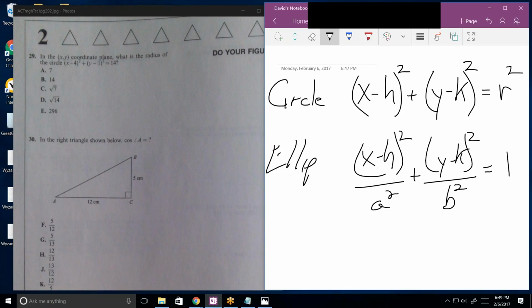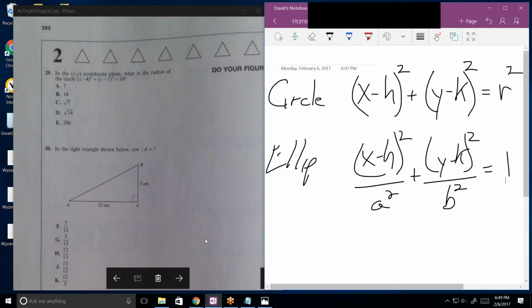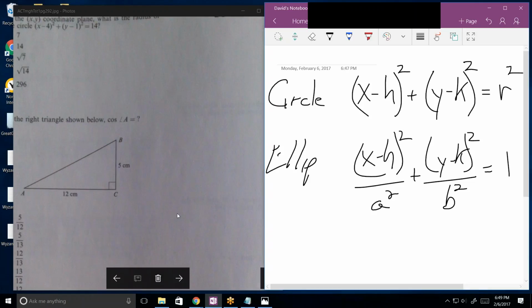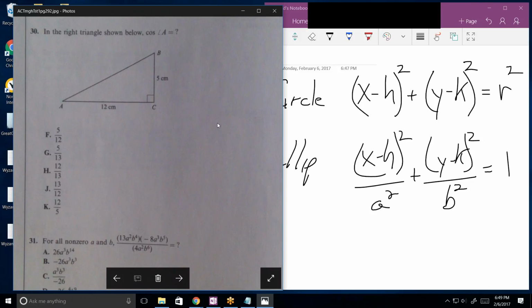Now that we have it memorized, they're giving us a circle. What's the radius of that circle? Square root of 14. Yep. That's pretty easy. If you know your general formulas, that's the secret to all math, really.